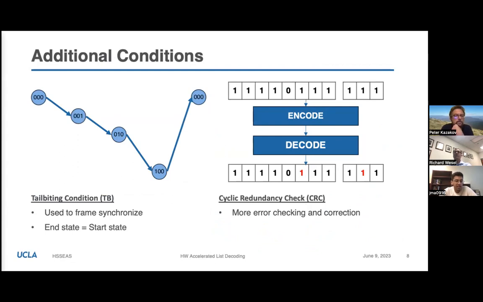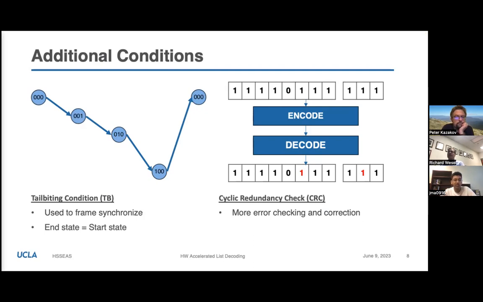One condition is a tail biting condition, which is essentially a way of syncing. In reality, if we wanted to send a really long message, we would break that message up into frames and keep sending frames. But for the decoder to understand that this is one frame versus a different frame, it has to be in sync with the transmitter.